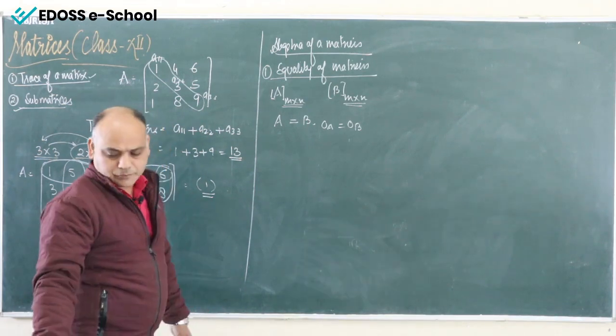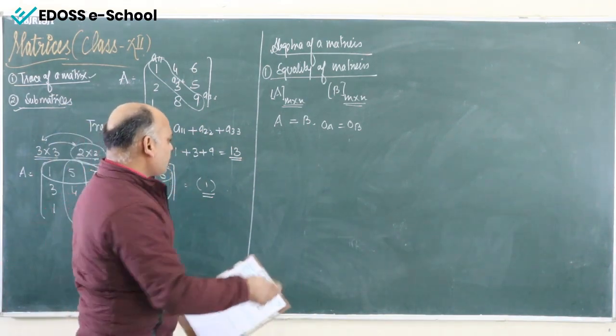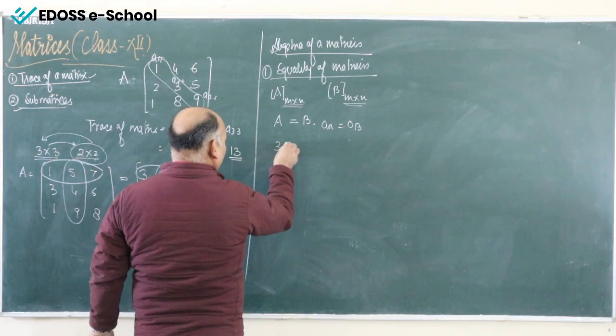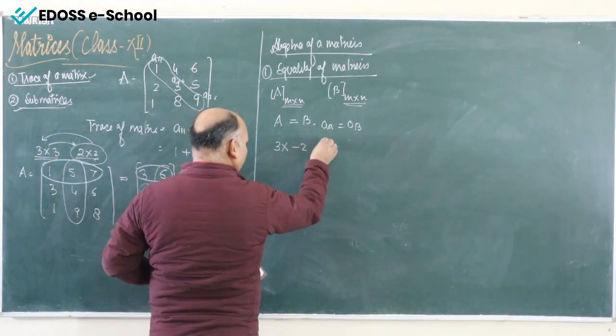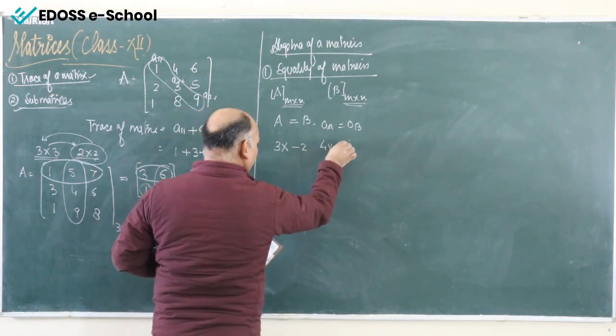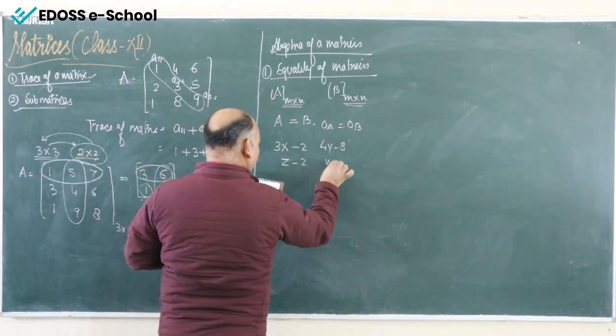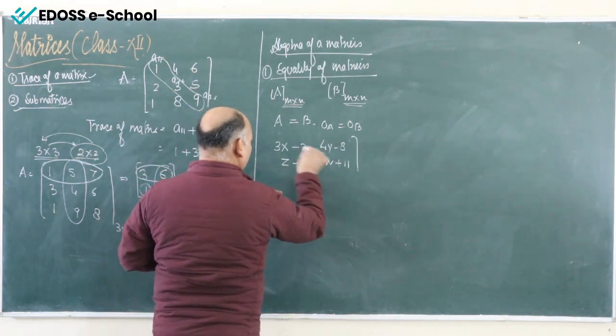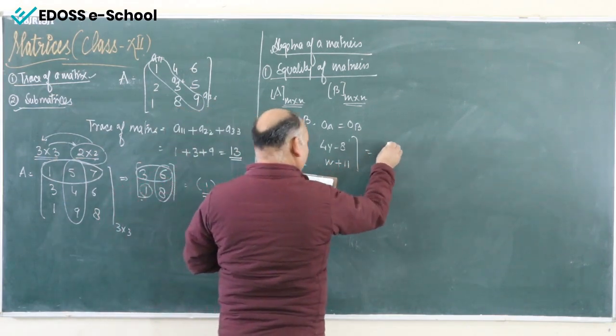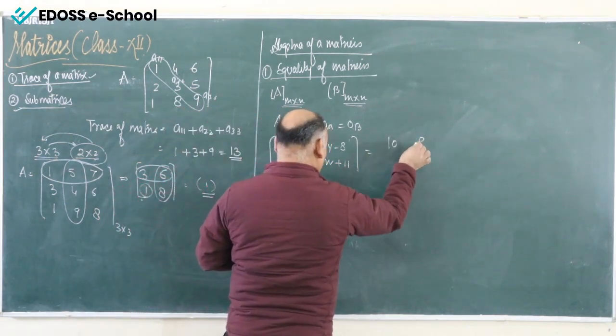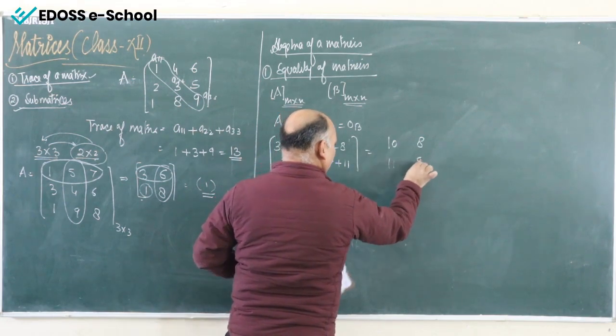Suppose I am taking a question here. The question is, suppose there is a matrix 3x minus 2, 4y minus 8, z minus 2, w plus 11, and this is equal to 10, 8, 11 and 9.